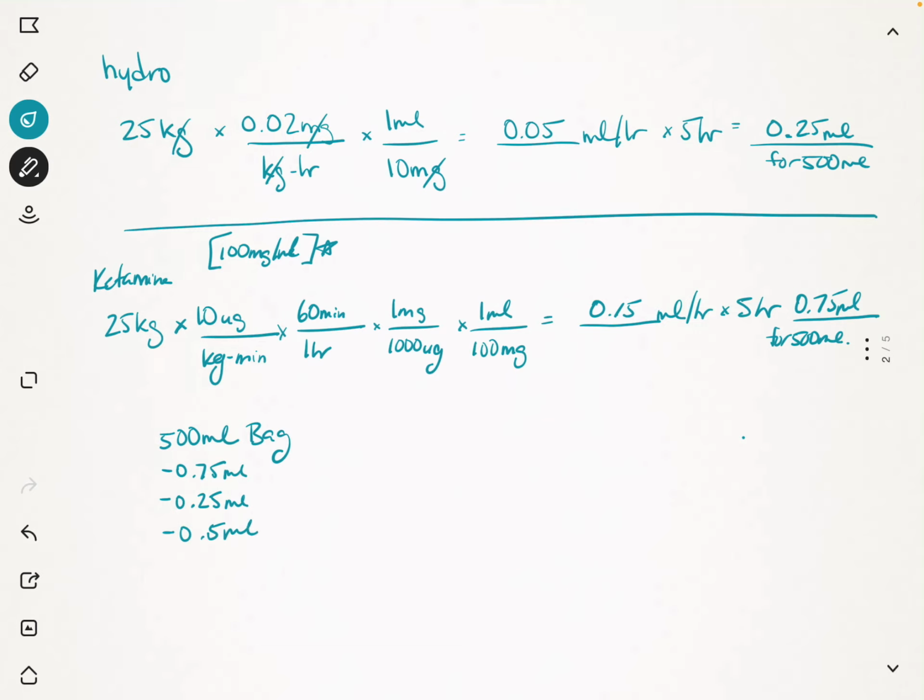So that means we're going to remove 1.5 mils from the bag. So you go 500 minus 1.5 mils from the bag, which is going to give us 498.5 mils of fluid in the bag, plus our 1.5 mil of our total drugs. Okay, and that all equals 500 mils. So we know we've done our calculation correctly.